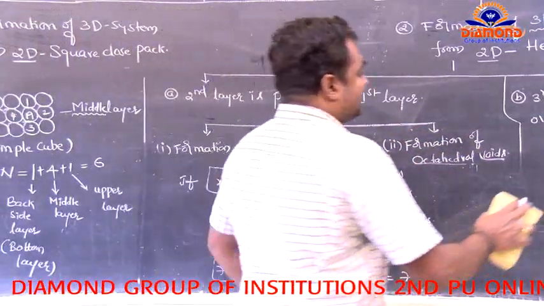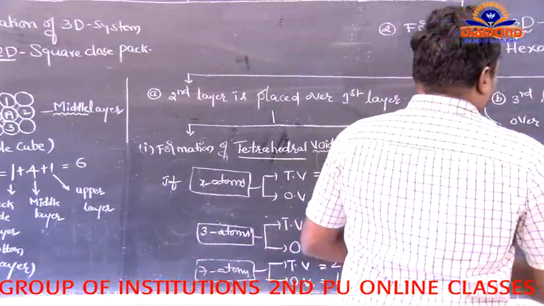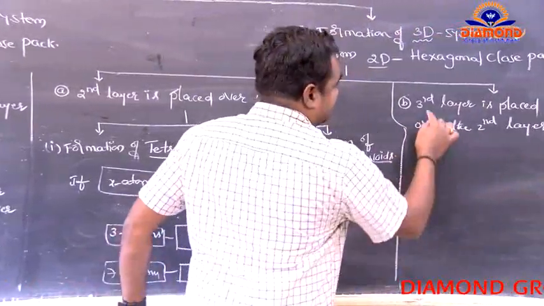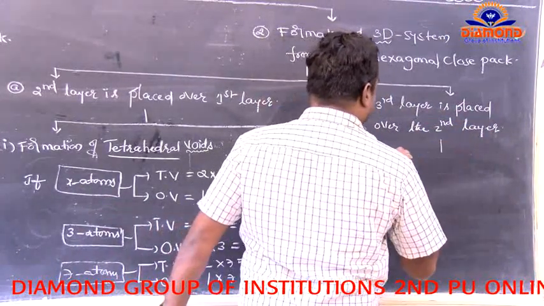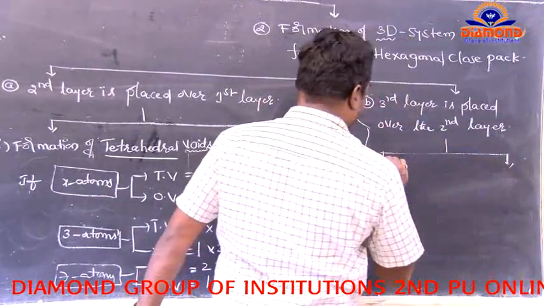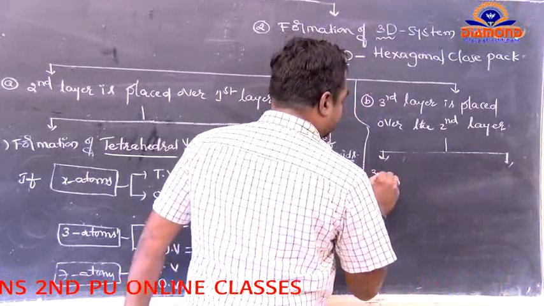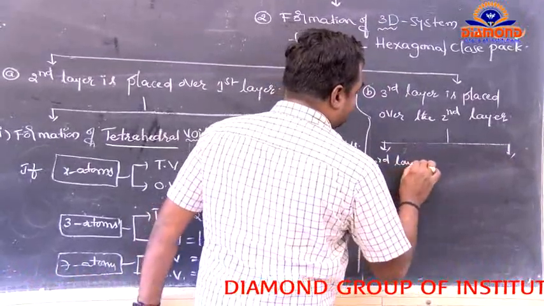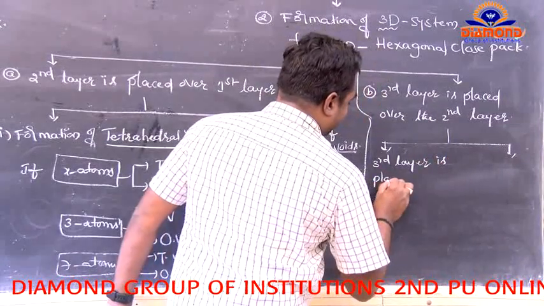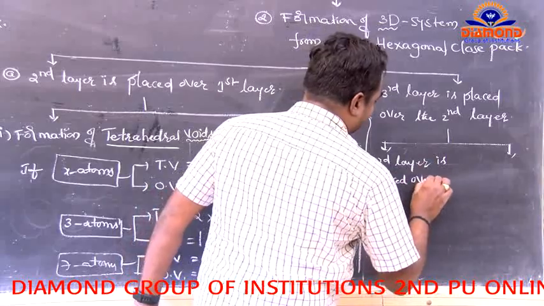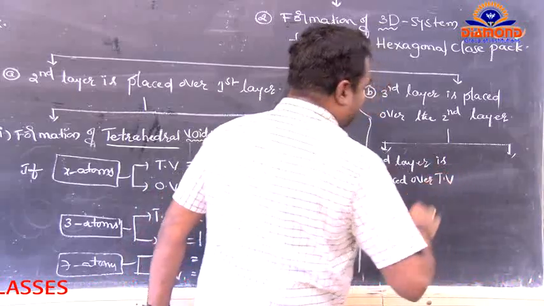Right, now from the last, my topic here: by arranging, the third layer is placed over the second layer. There are two types of arrangements. One is the third layer placed over tetrahedral voids.